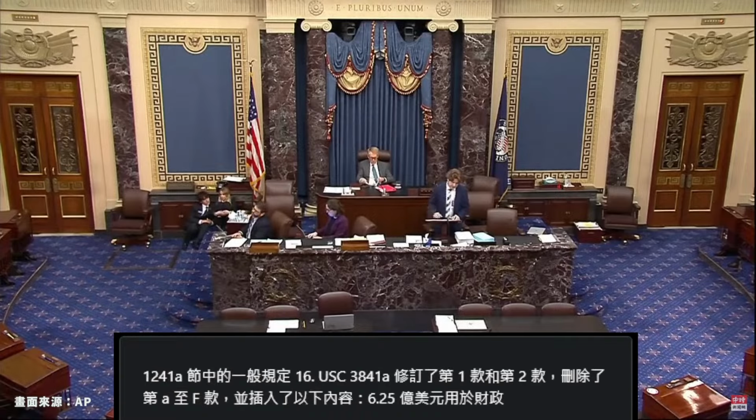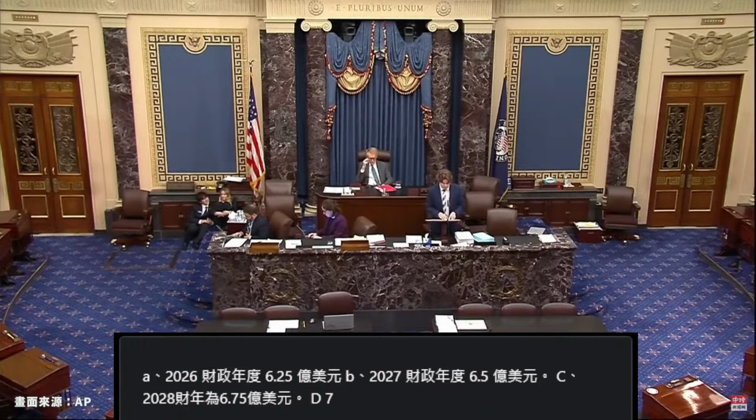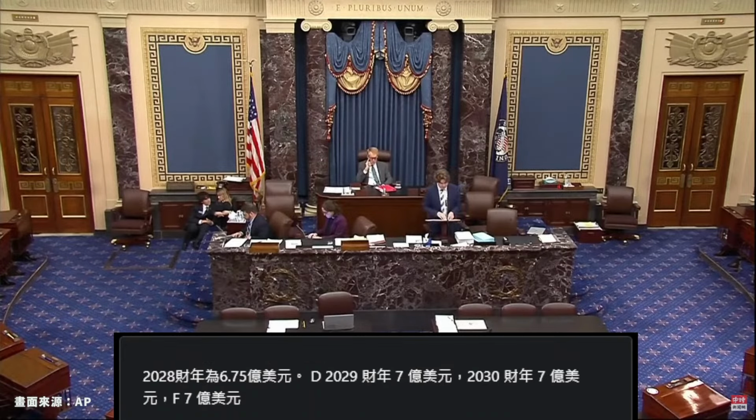(C) $675 million for fiscal year 2028. (D) $700 million for fiscal year 2029. (E) $700 million for fiscal year 2030. And (F) $700 million for fiscal year 2031. And (2) in paragraph (3)(A) and subparagraph (A) by striking clauses (i) through (v) and inserting the following.